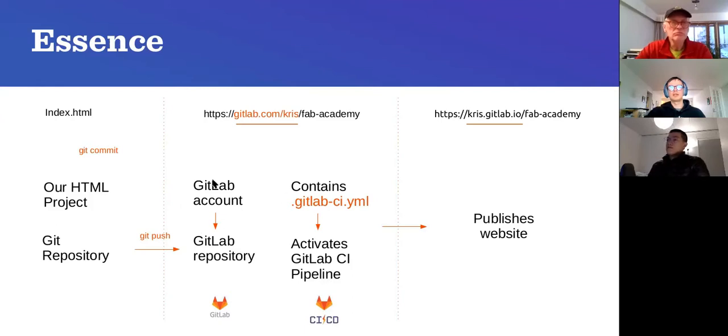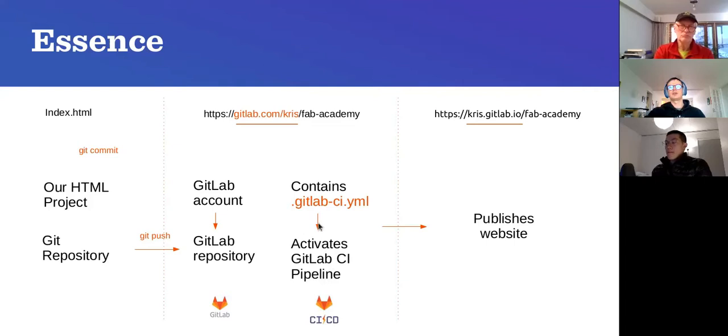Once you have a GitLab account, you can make a GitLab repository, which we are going to call Fab Academy. That GitLab repository is going to contain all the HTML files. And we are going to add a special file, which is going to be called .gitlab-ci.yml. It's important that you get the name exactly as it's written here.